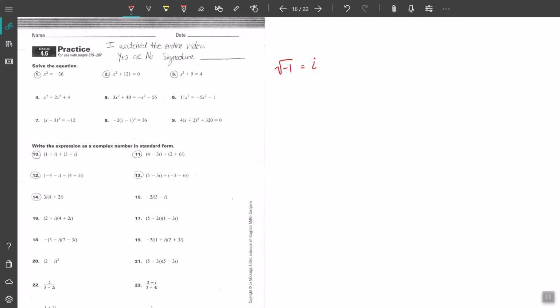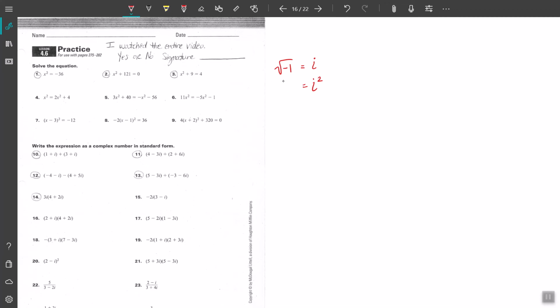So when we factor a negative 1 out from under a square root sign, we're going to call it i. The other thing that we are going to use in this section is i squared. All right, so if I wanted to square this right-hand side, then in effect, I also have to do the same thing to the left-hand side.